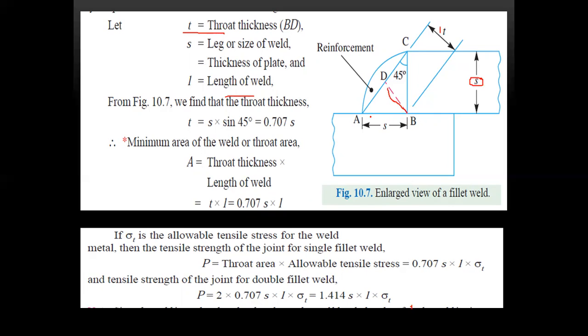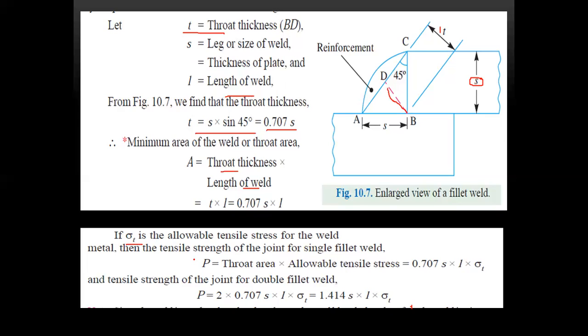Next, what shall we find? We find the throat thickness. t is equal to s into sin 45, that is 0.707 s. The minimum area A is equal to throat thickness into length of the weld, that is t into l, equal to 0.707 s into l. Now, sigma t is the allowable stress for the weld.